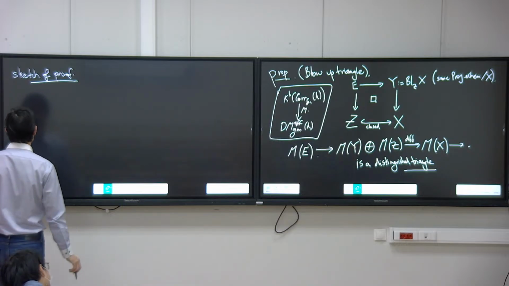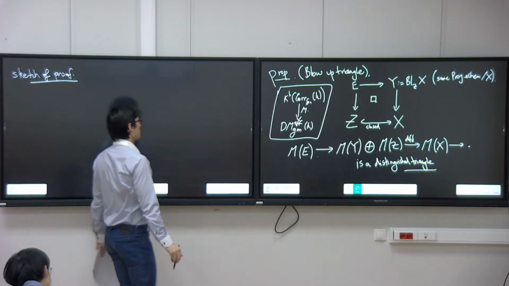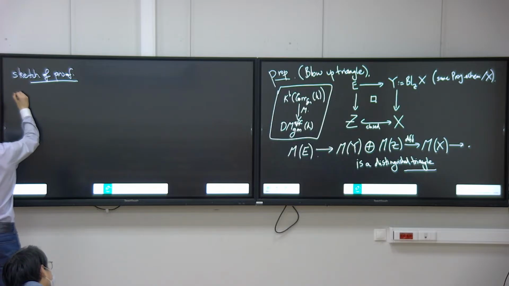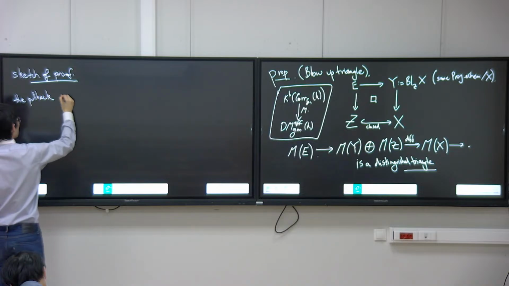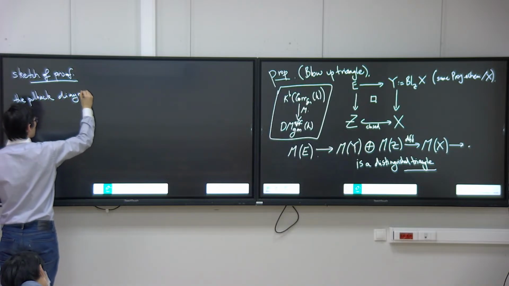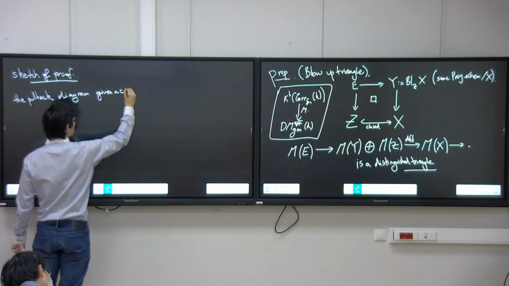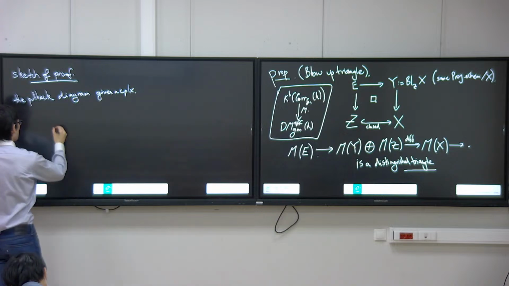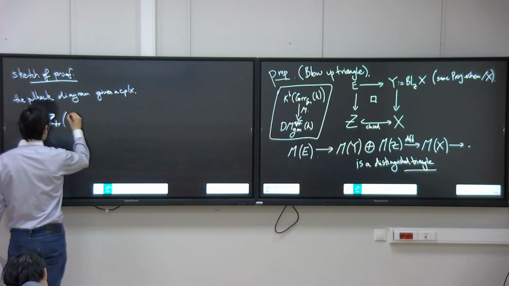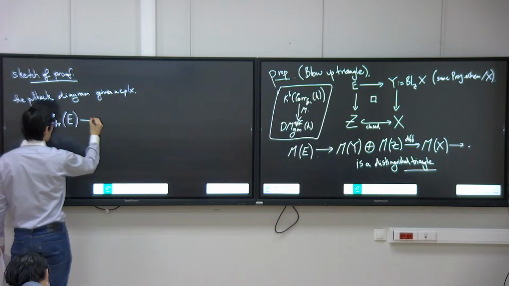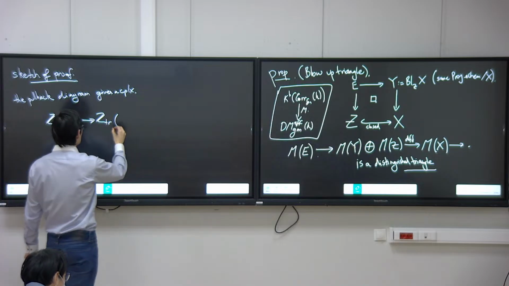In particular, this pullback diagram gives a complex of sheaves. So I can consider the ZTR sheaves, from E to Y plus Z.